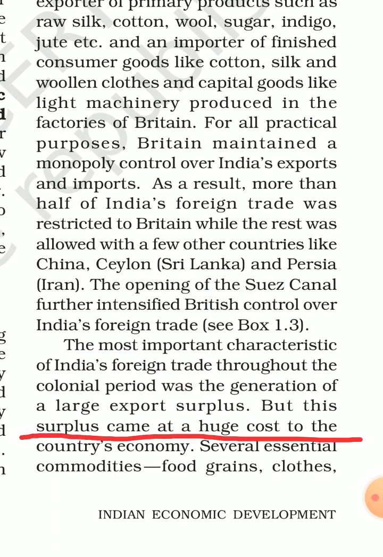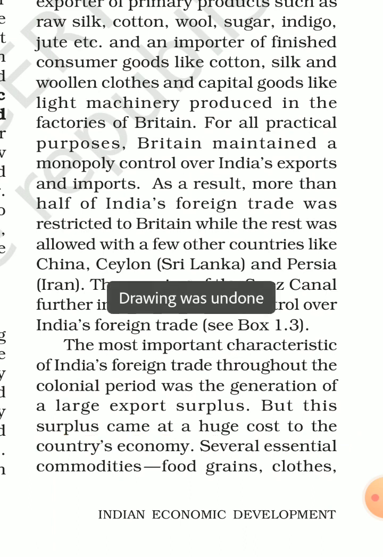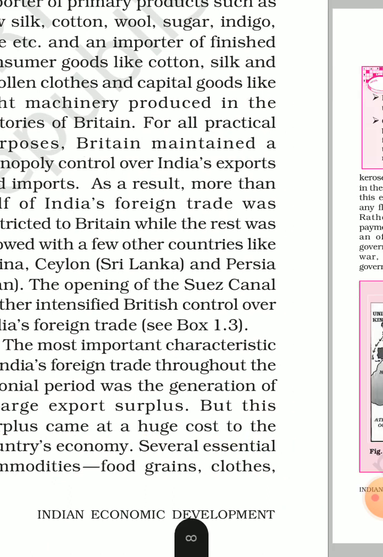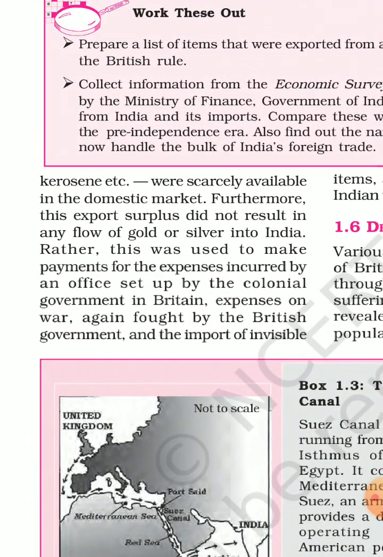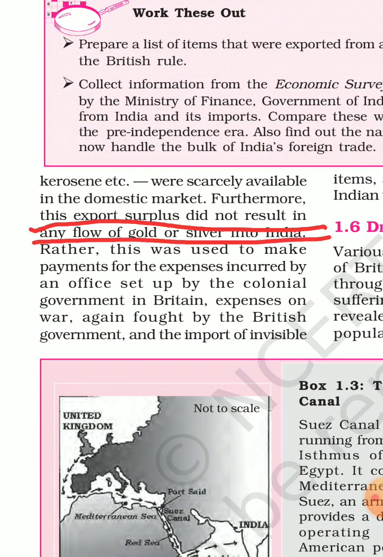This export surplus did not benefit India's economy. For what purpose was this export surplus used? We will see this. This export surplus did not result in any flow of gold or silver.